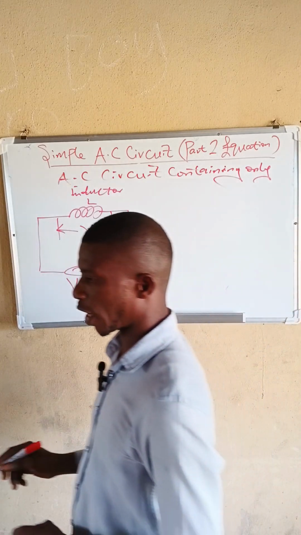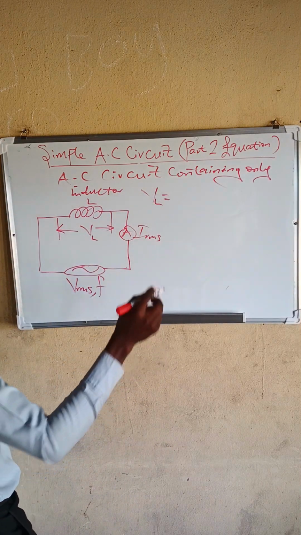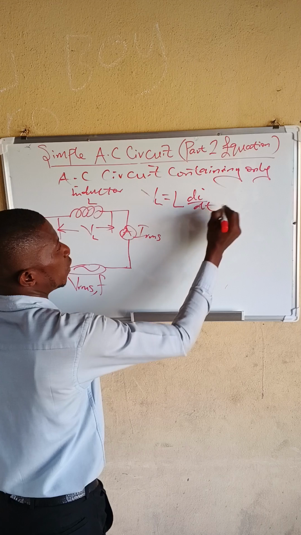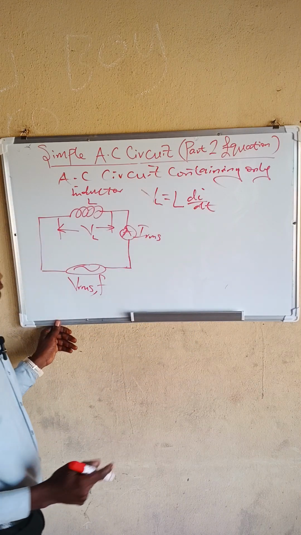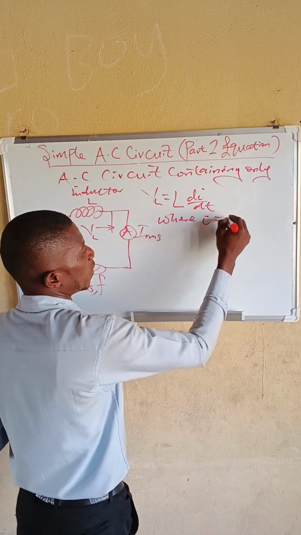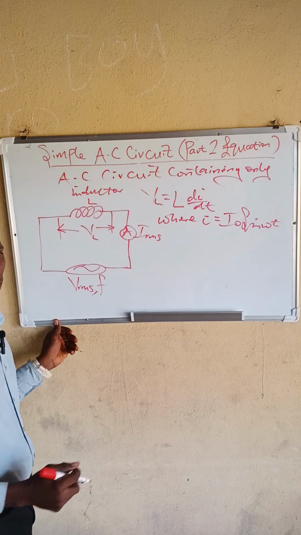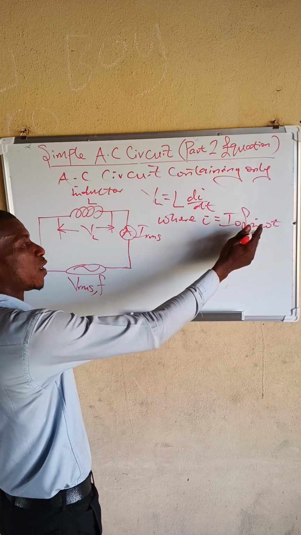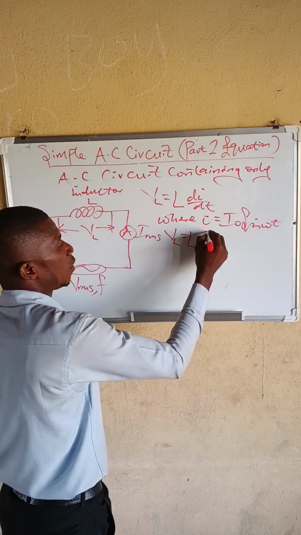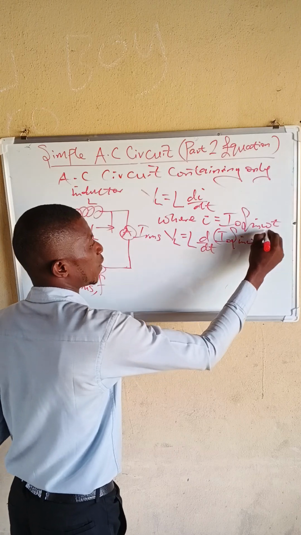So the voltage across the inductor is given as L di dt, where I is given as I naught sine omega t. That is the value for current. So by the time I substitute this into this equation, I'm going to have L d dt into I naught sine omega t.